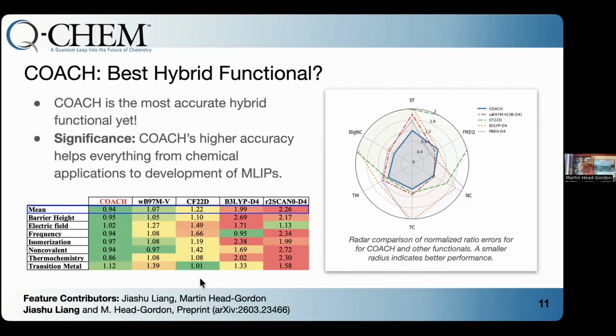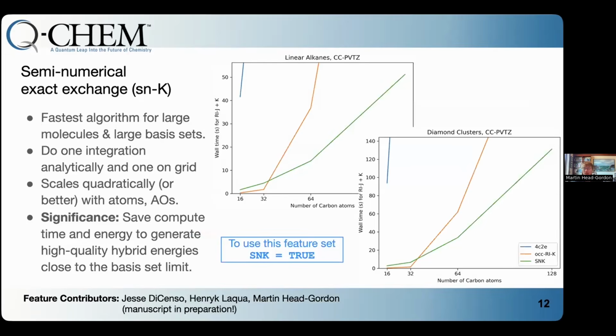We also include the latest and greatest Minnesota functional, CF22D, which is a significant improvement over any other Minnesota functional. And so this just helps you do good chemistry in conjunction with all the other infrastructure, which I now need to walk you through.